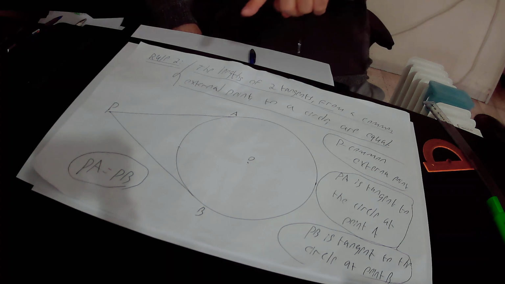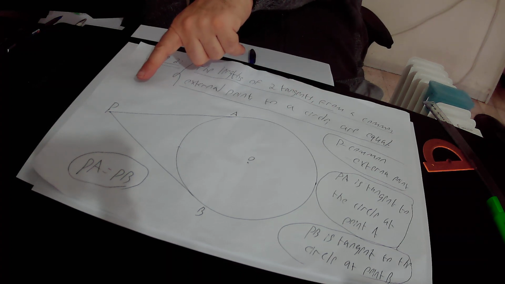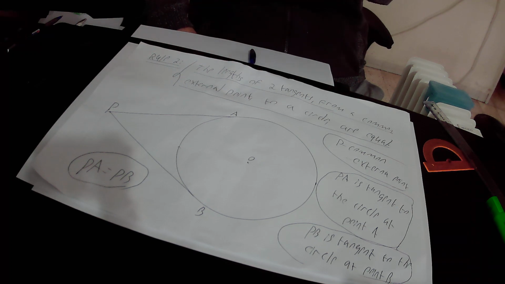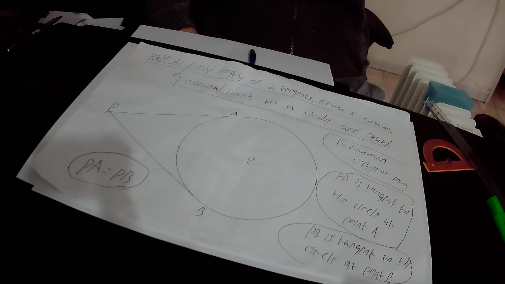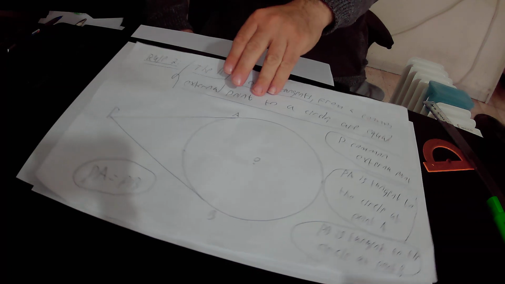In the drawing we have a circle and also the common external point P. From point P, we have two tangents to this circle, tangent PA and tangent PB. And according to rule 2, they are equal to each other. That is to say, PA equals PB.